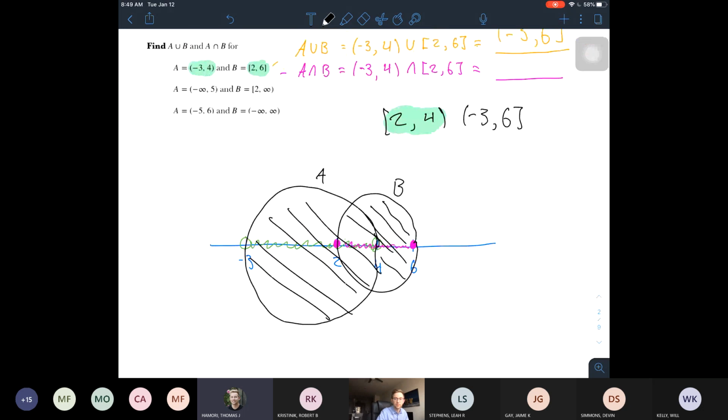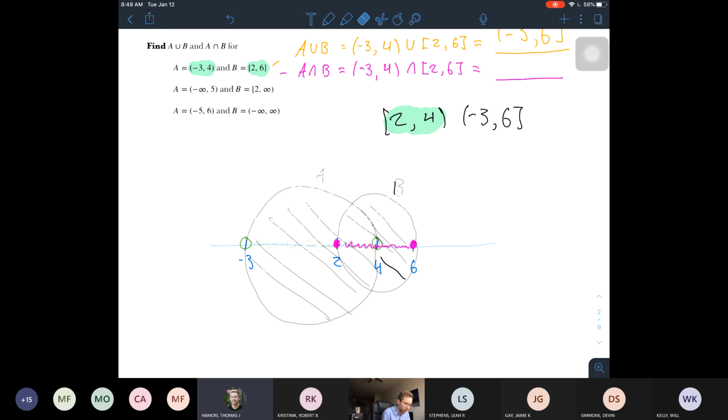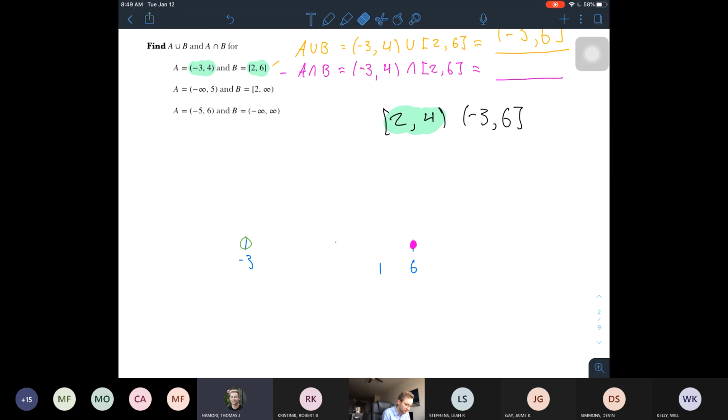Okay. All right. So hopefully that's starting to make more sense now. So where should we put the other answer? Is the other answer good for our intersection? What do we think? Yes.